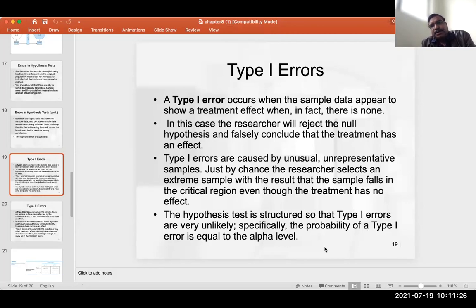That depends on our design, right? Generally, the probability of a type 1 error is equal to the alpha level. The probability of a type 1 error depends upon the alpha level.